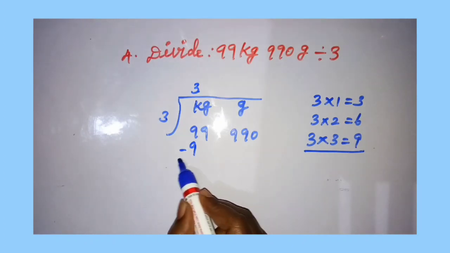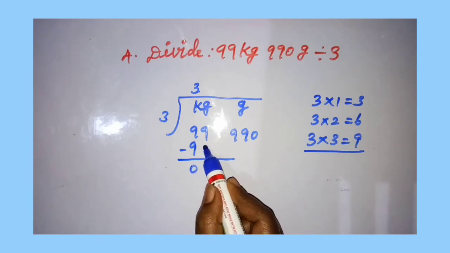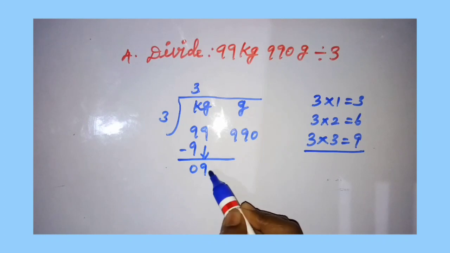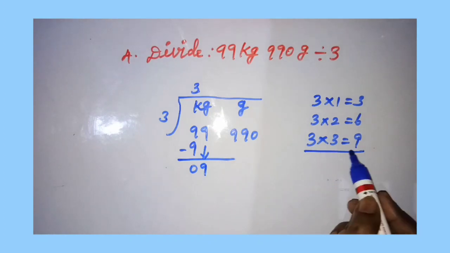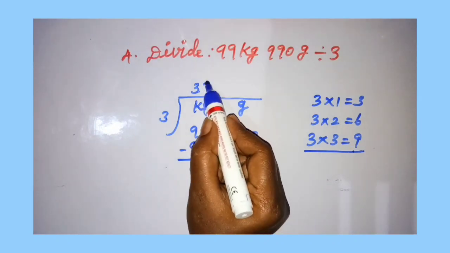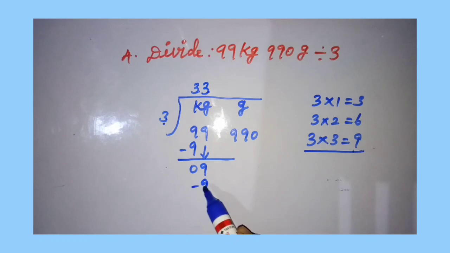Now subtract the value: 9 minus 9 gets 0. Next, put an arrow mark and take the next digit 9. In the 3 table, 3 times it comes. So 3 threes are 9. Subtract the value: 9 minus 9 gets 0.